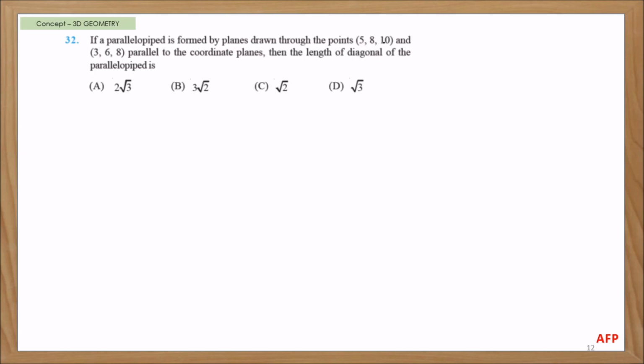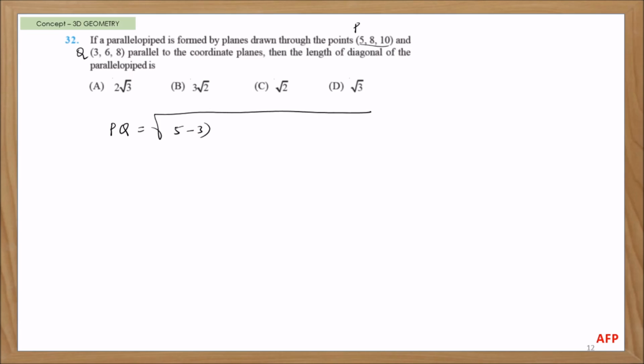Next, the parallelepiped formed by the planes parallel to the coordinate planes through the 2 points. The first point and second point are given, and the length of the diagonal of the parallelepiped is nothing but the distance between these 2 points.